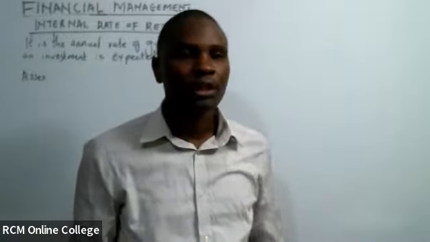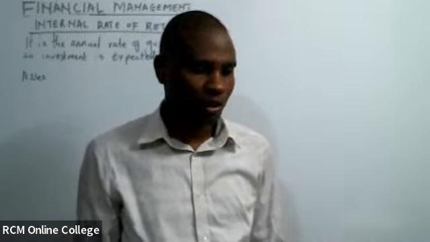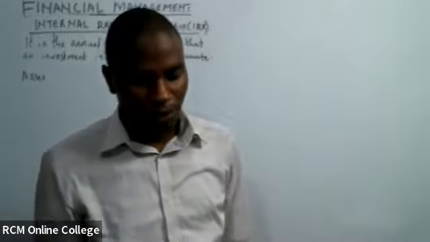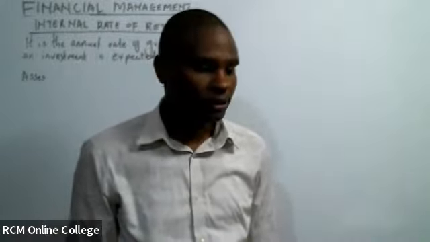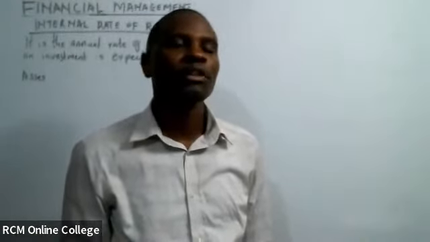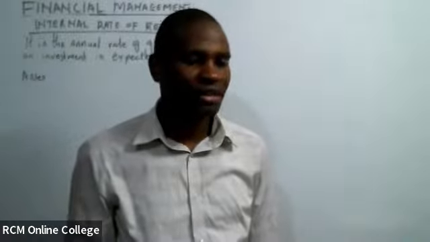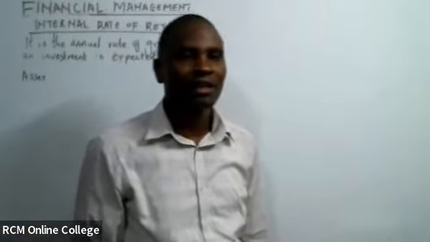If the NPV is positive, first we have found the NPV. Then step number two, we are assessing the NPV in step one. If the NPV is positive, it means that IRR is greater than the cost of capital. Full stop.